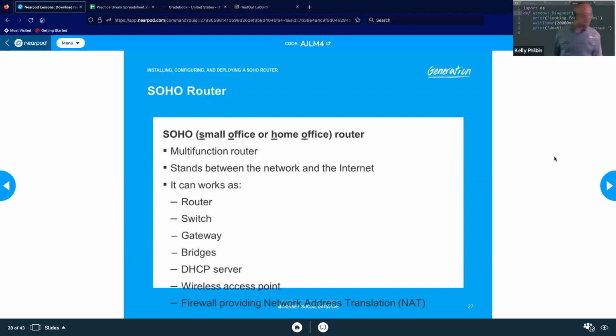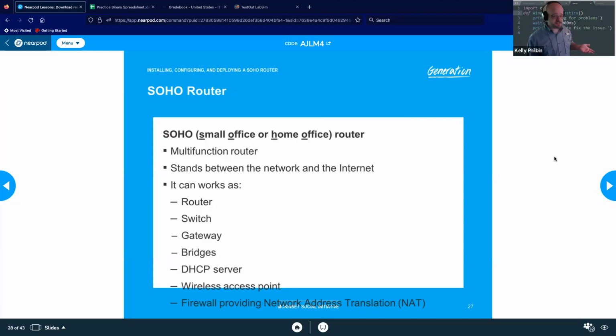And these routers tend to perform multiple functions as opposed to just being a router, which is why people tend to have a misunderstanding as to what exactly a router does, because their interactions with it are what we use in our homes, which is, again, a multifunction device. It serves all the functions of a router, a switch, a gateway, a bridge, a DHCP server, a wireless access point, and it has some firewall functionalities, all within a single device.